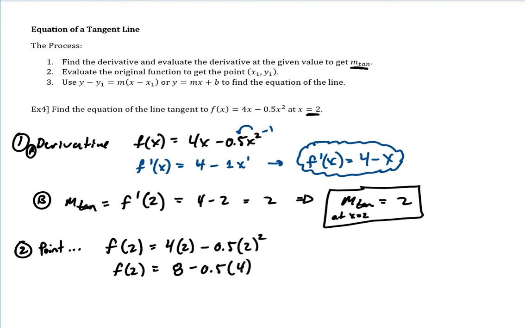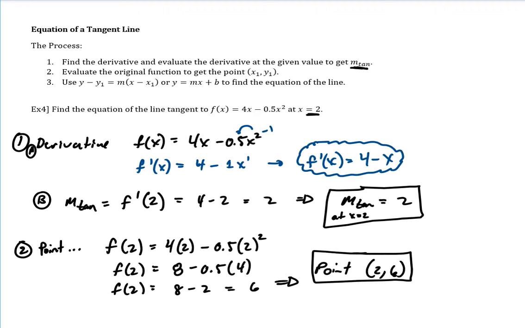Half of 4 is 2, and we can see that this gives us 6. So what we get out of this is our point: when x is 2, our y-coordinate is 6.